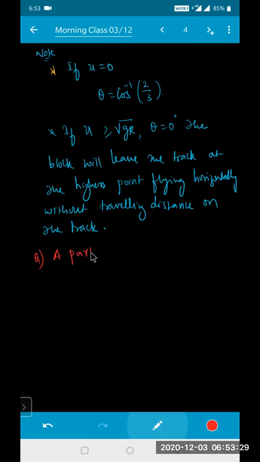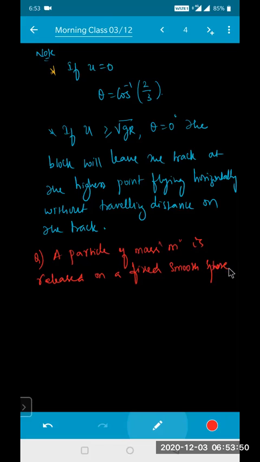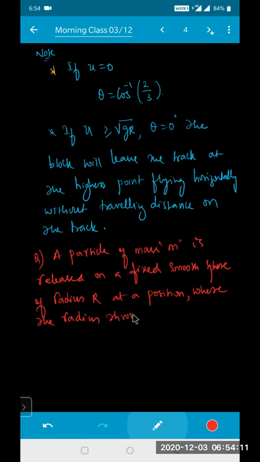A particle of mass m is released on a fixed smooth sphere of radius capital R, at a position where the radius through the particle makes an angle alpha with the vertical.